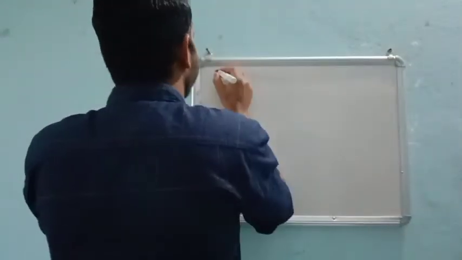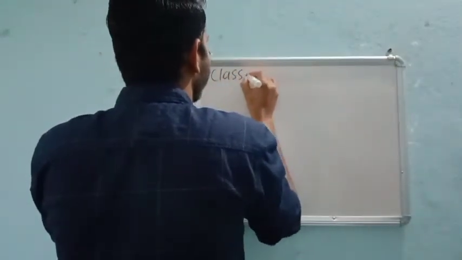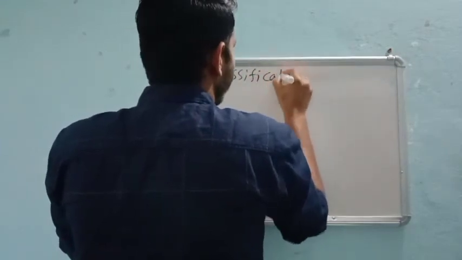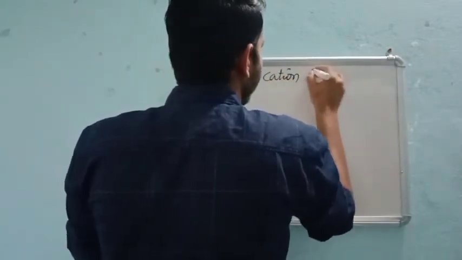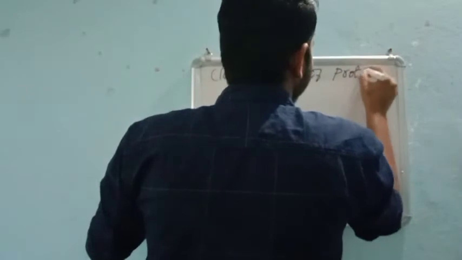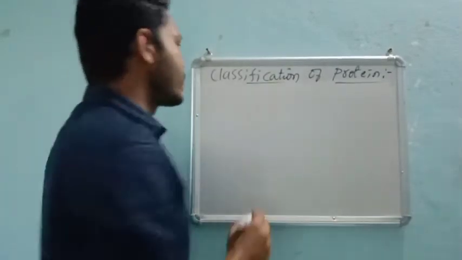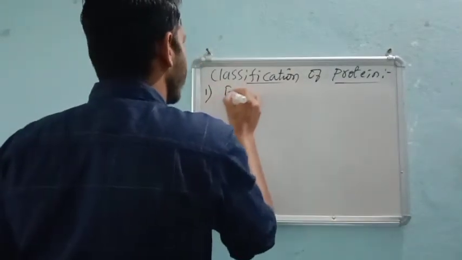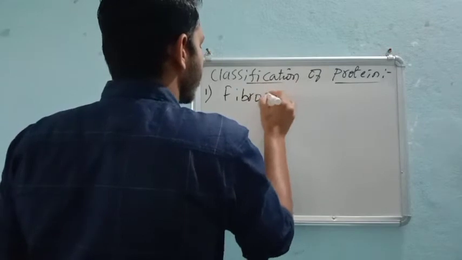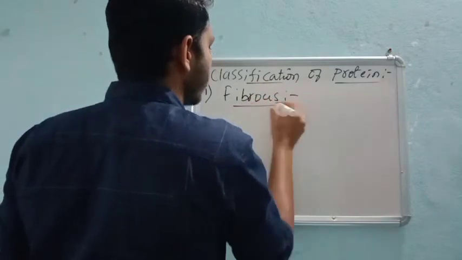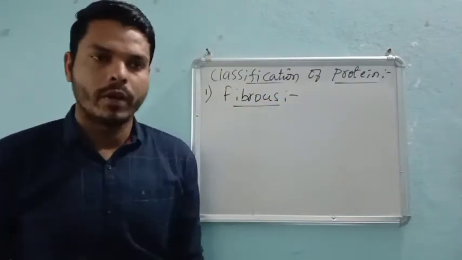Later we will see the classification of protein. Protein generally can be classified into two categories: fibrous protein and globular protein, right?